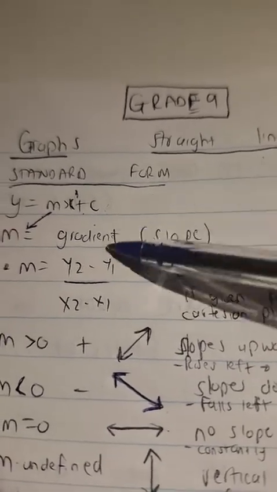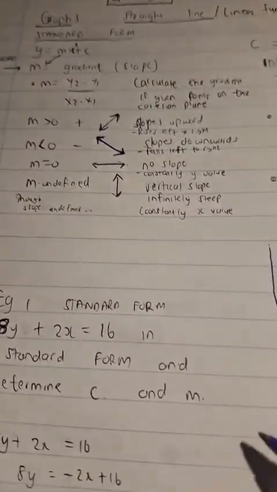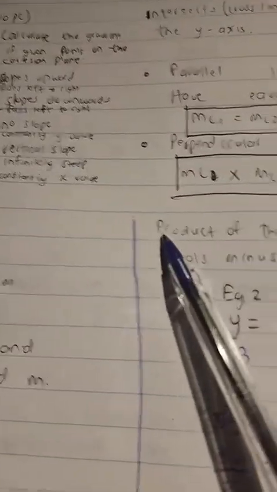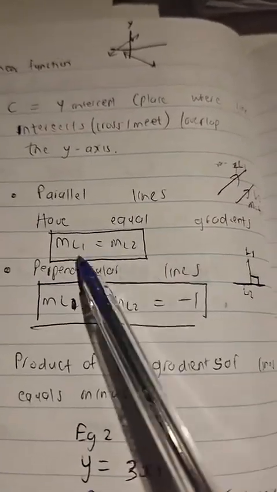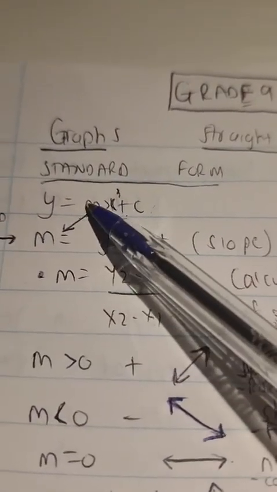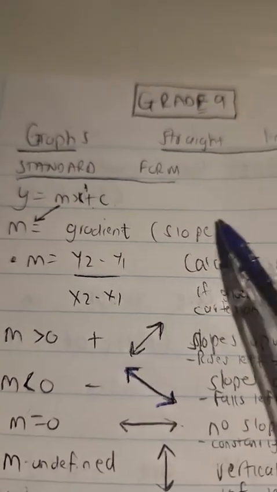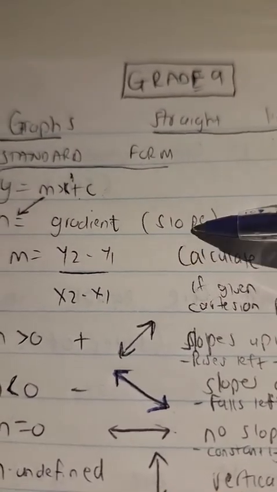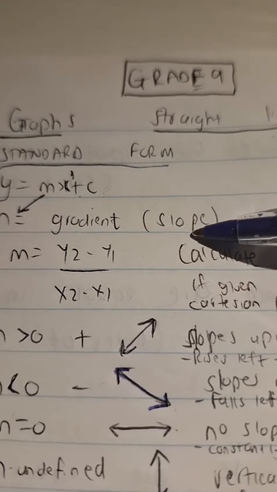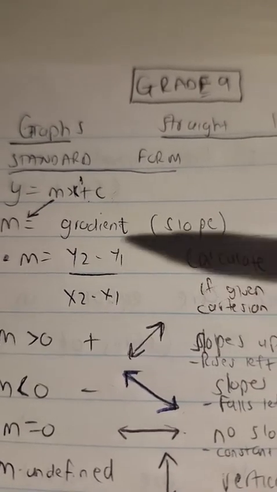Okay, so we're going to now go a little bit deeper into functions. Yesterday we also compared gradient, because we noticed that the gradient, which by definition is the slope of a function, or in other words a measure of how steep our straight line is.